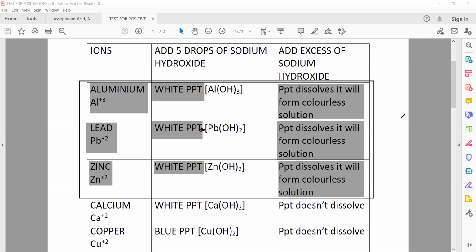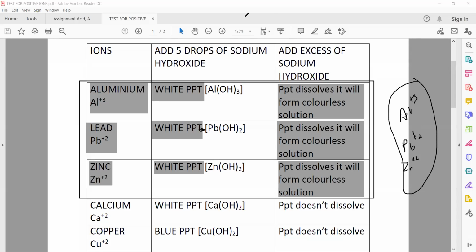I can say this salt may have aluminum, lead, or zinc. Any of these 3 elements can be present. With sodium hydroxide, you cannot distinguish whether it's specifically lead, zinc, or aluminum because they all give the same result.